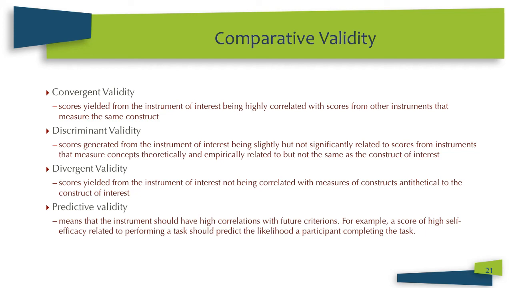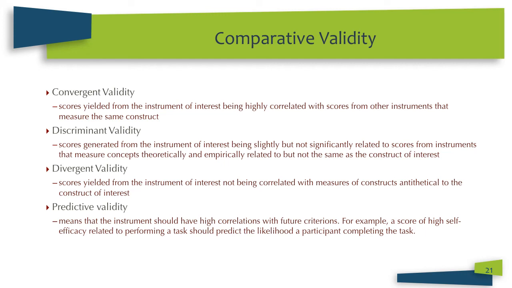And the fourth one is discriminant validity. Well, the scores generated from the instrument of interest being slightly but not significantly related to scores from instruments that measure concepts theoretically and empirically related to but not the same as the construct of interest.